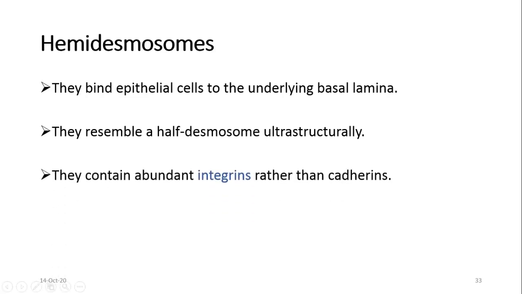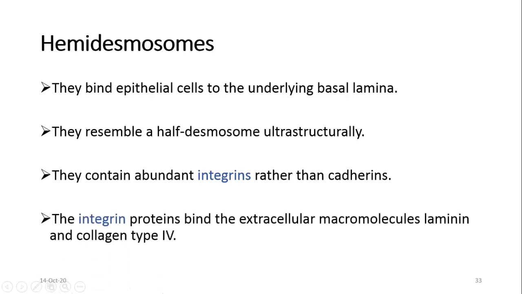They contain abundant integrins. That means the transmembrane proteins of the hemidesmosomes are integrins rather than cadherins. The integrin proteins bind the extracellular macromolecules laminin and collagen type 4.